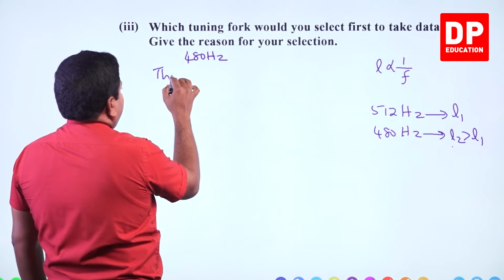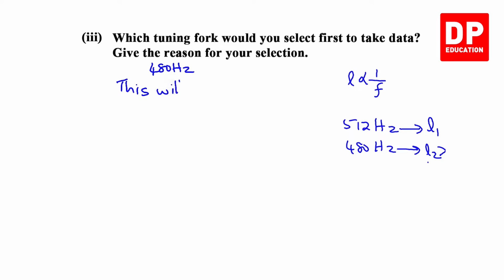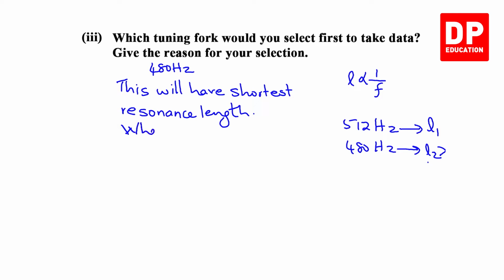We can say this will have the shortest resonance length when forks are taken in descending order of frequency.